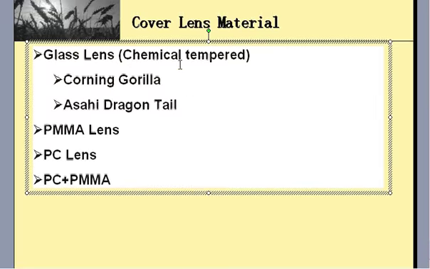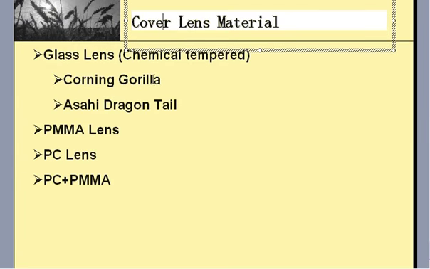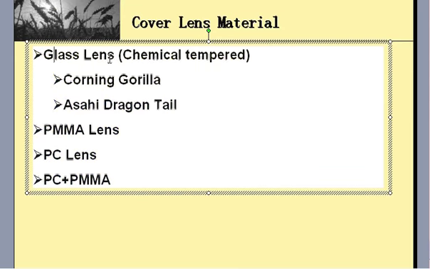So for the cover glass material, normally we have a glass lens, and normally it's chemically tempered, just in case it gets broken. The most famous one is Corning Gorilla glass and also Asahi Dragontrail glass. These are the two top quality glasses for lenses.